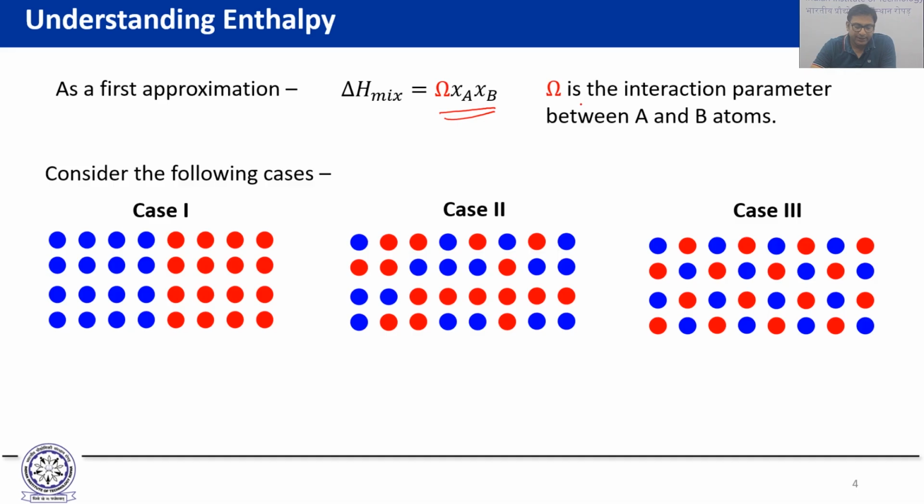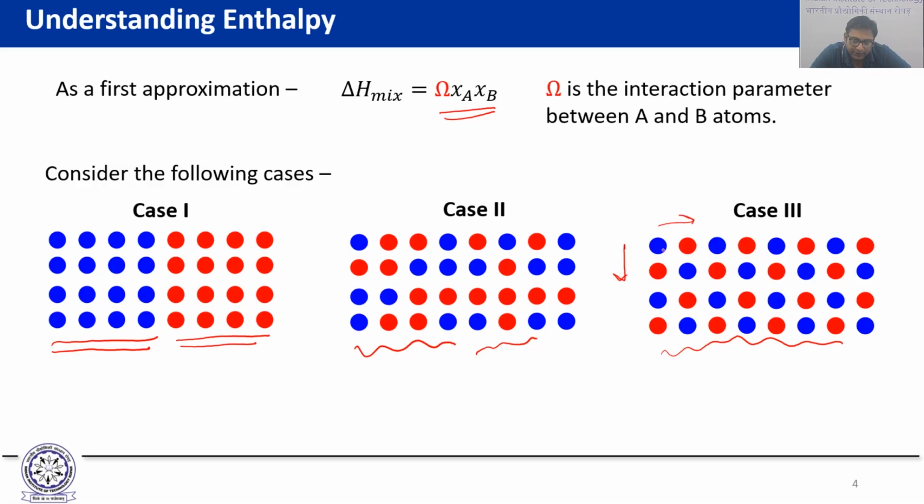So let us go ahead and consider the cases shown here. In the first case, you have a distinct block of blue atoms and you have a distinct block of red atoms. In the second case, they seem to be mixing fairly randomly. In the third case, they are again mixing, but you start seeing some sort of an order. So you have a blue followed by a red, followed by a blue, followed by a red in this direction.